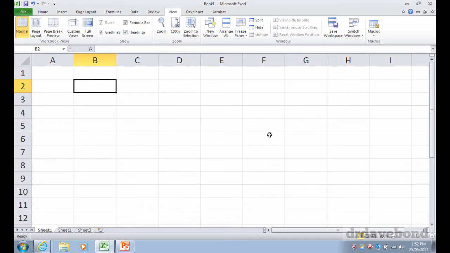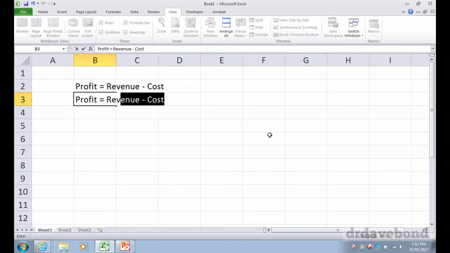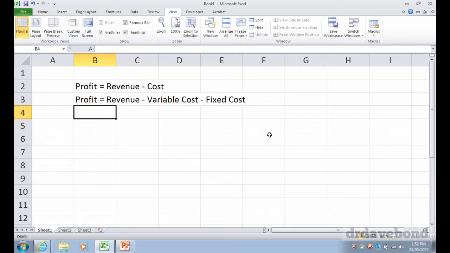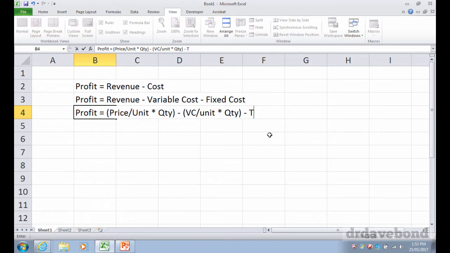All right. So I'm just going to write that up. So if we disentangle profit equals revenue minus cost, profit equals revenue minus variable cost minus fixed cost, profit equals price per unit times quantity minus variable cost per unit times quantity minus total fixed cost.